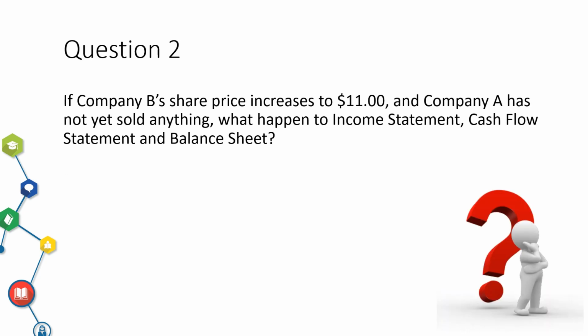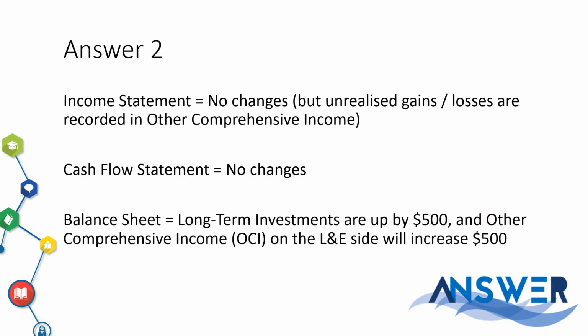Question 2. If Company B's share price increases to $11 and Company A has not yet sold anything, what happens to the income statement, cash flow statement, and balance sheet? You can pause this video for 1 minute to answer. The answer is a bit long.